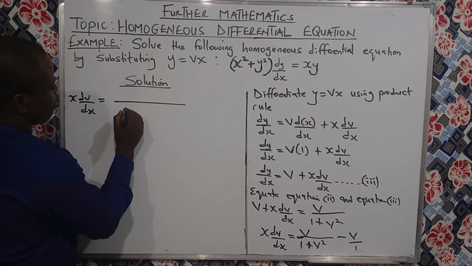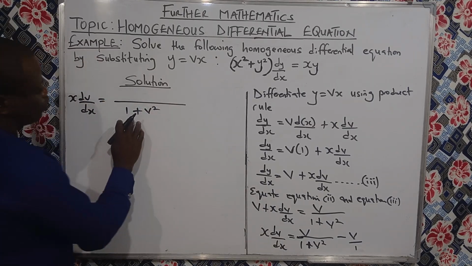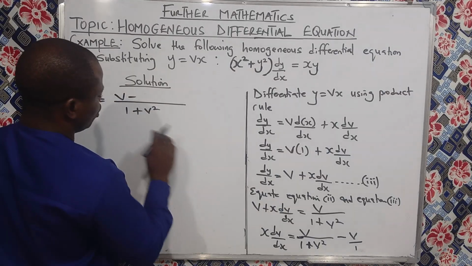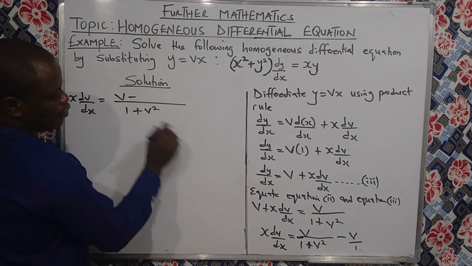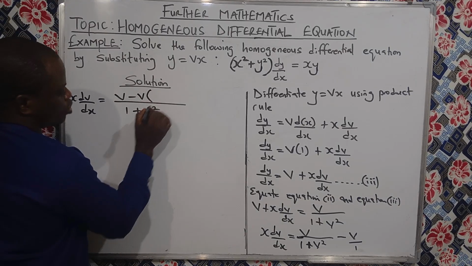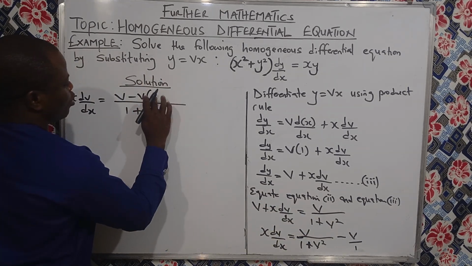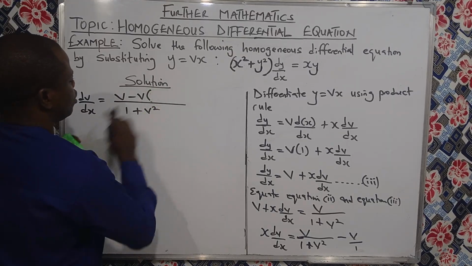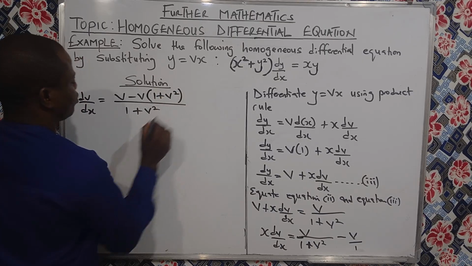Our LCM is 1 plus v squared. Now, 1 plus v squared into 1 plus v squared is 1. 1 times v, that's v, minus: 1 plus v squared goes into 1 plus v squared once, times v. You have v already here, minus v into 1 plus v squared.